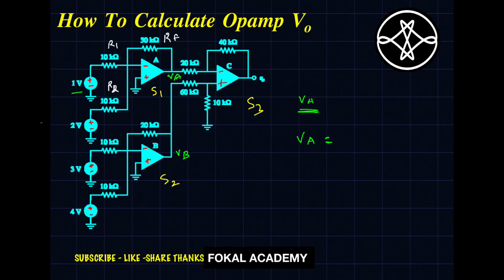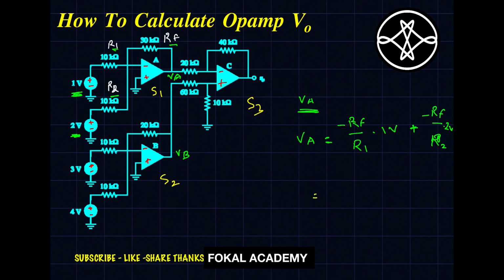So due to 1 volt, the output according to the inverting op amp is minus RF by the input resistance due to voltage source 1, that is R1, into that voltage that is 1 volt, plus next, the output due to 2 volt source, same pattern. So minus RF by, here R1 is for 2 volts, that is R2, into 2 volts.